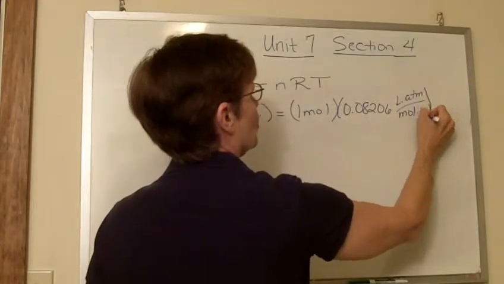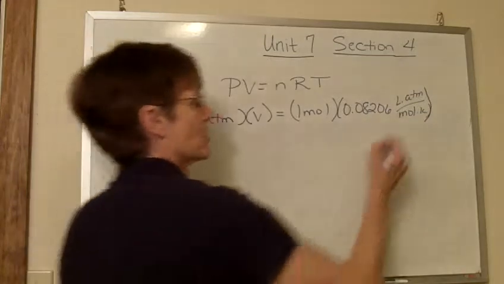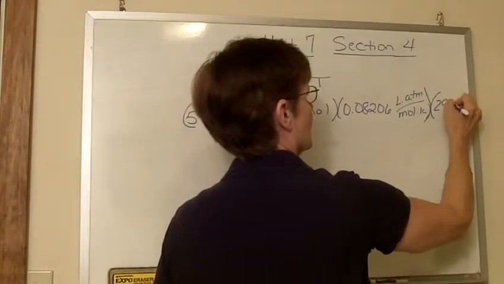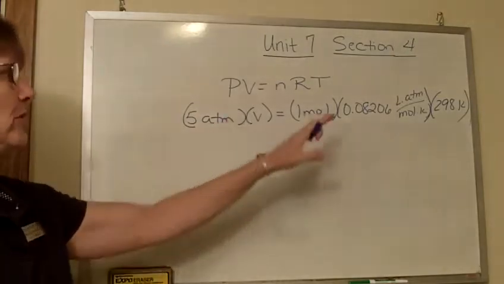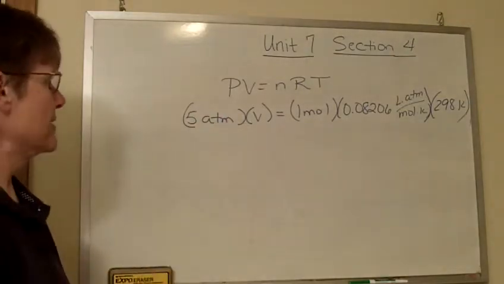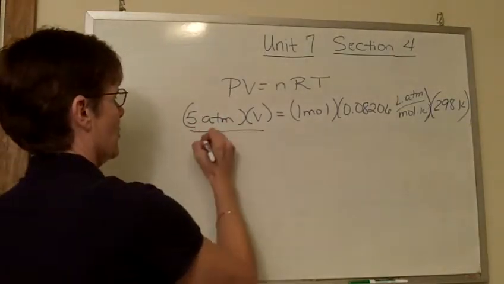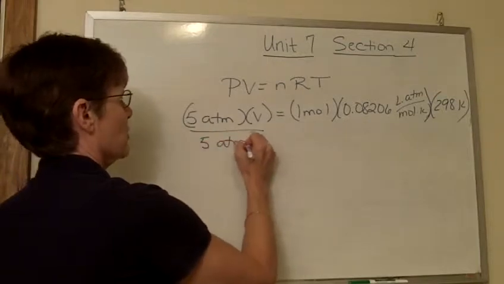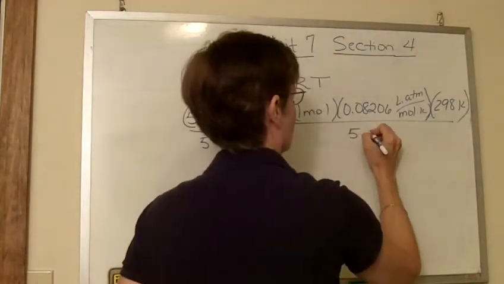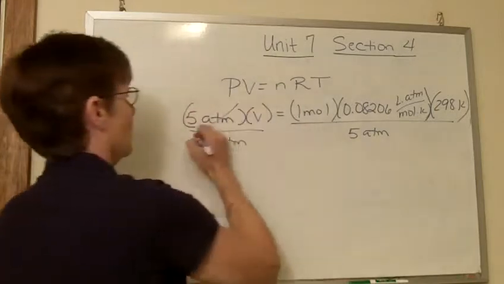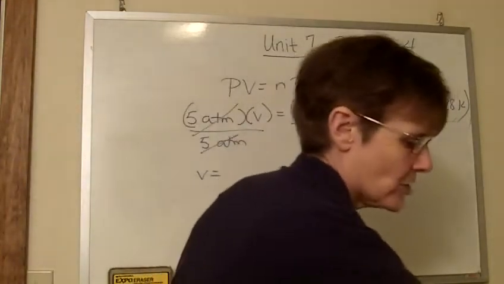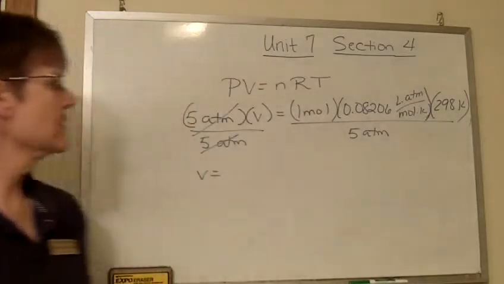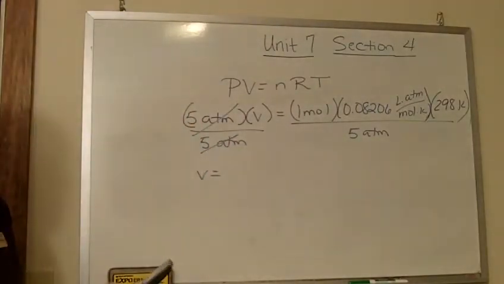And our temperature is going to be 298, because that's room temperature. So we want to be under higher pressure and normal room temperature. So to solve this, we're going to divide both sides by the 5 atmospheres. Get rid of that over here. And so our molar volume, in other words, the volume of 1 mole of gas, becomes something different.